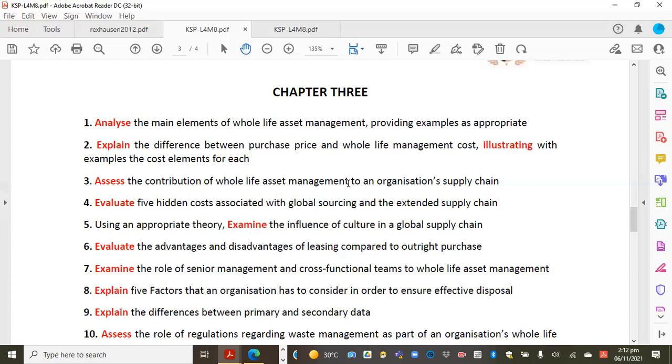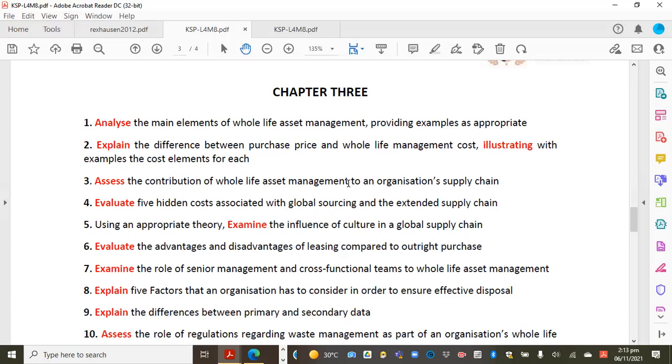So even looking at the environmental impact of whatever you are producing or whatever you are buying. So when buying, you don't only consider the price, you consider whether that product you are buying will give you any disposal problem. And once you start thinking along that line, you are thinking environmental sustainability. So whole life asset management supports sustainability, which is a widely acceptable concept or activity.